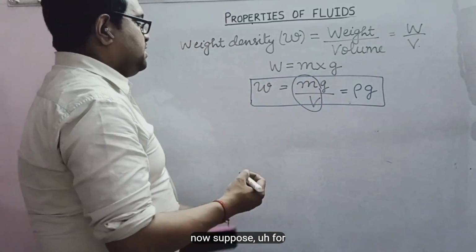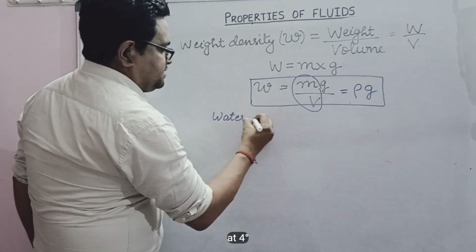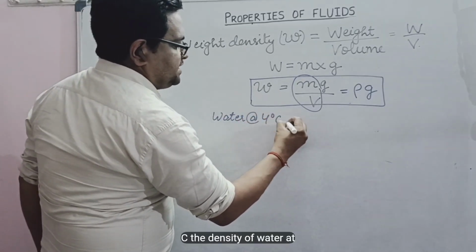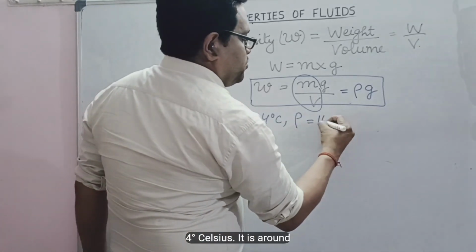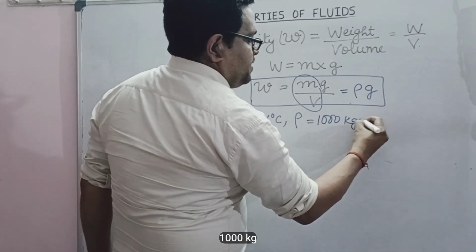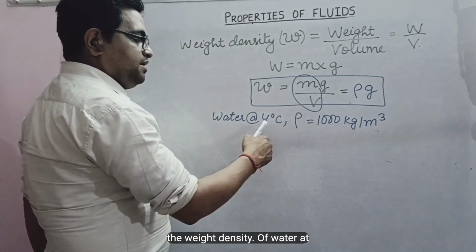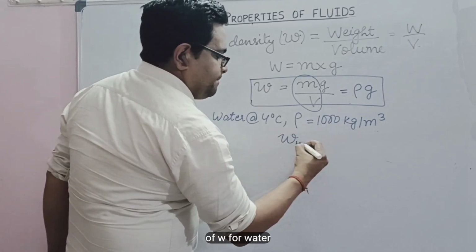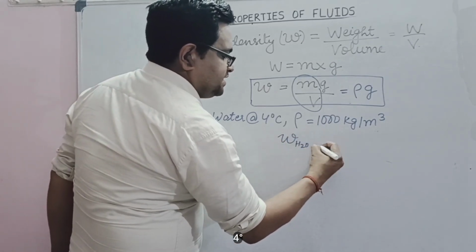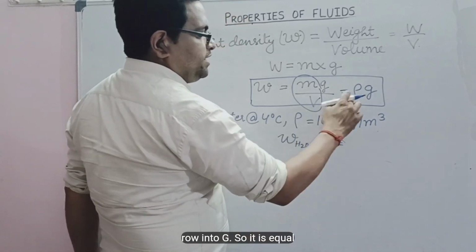Now suppose we take water at 4 degrees Celsius. The density of water at 4 degrees Celsius is around 1000 kg per meter cube. So how to calculate the weight density of water at 4 degrees Celsius? The weight density w for water at 4 degrees Celsius will be equal to rho into g.